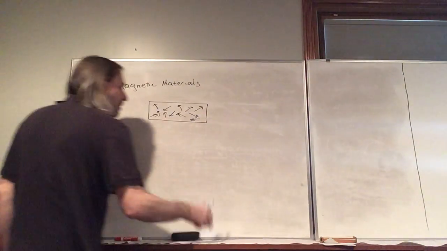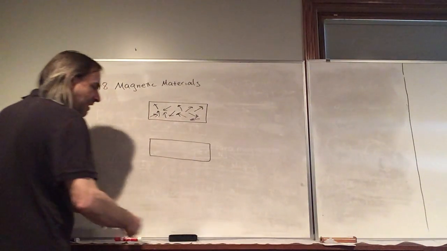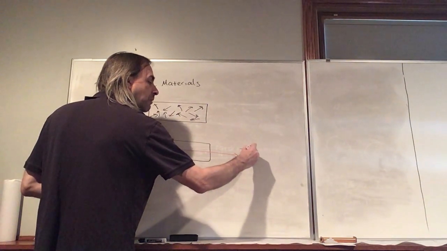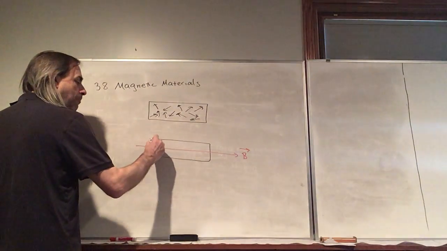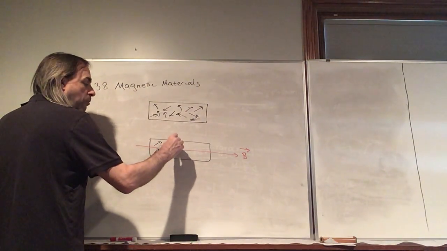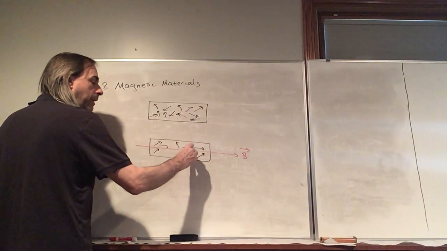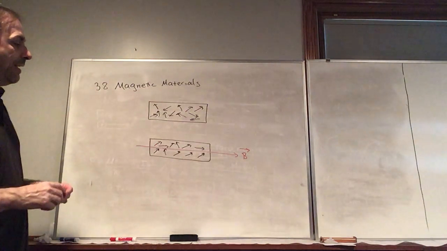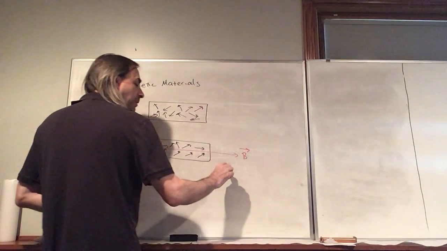And then if we apply a magnetic field, now they're not necessarily all going to line up with this external field, particularly if the external field is weak. But they will at least tend to point more in the direction of the external field. Maybe some will still point a little bit in the opposite direction, but overall, they're going to be pointing more to the right than to the left. So let's say it looks something like this. And so this is called paramagnetism.